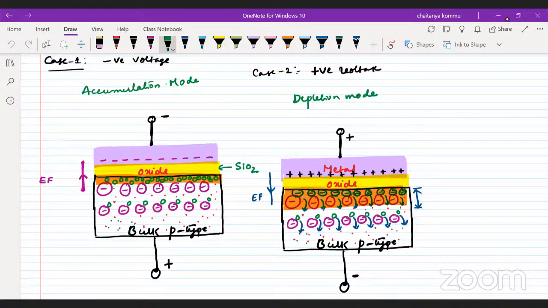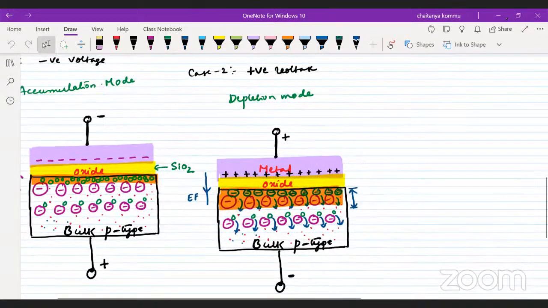Okay. So here what we can say is that up to this point we have an oxide layer. So from here to here there will be oxide now. Okay, so this oxide has got two parts. One part is silicon dioxide, another part is ions.